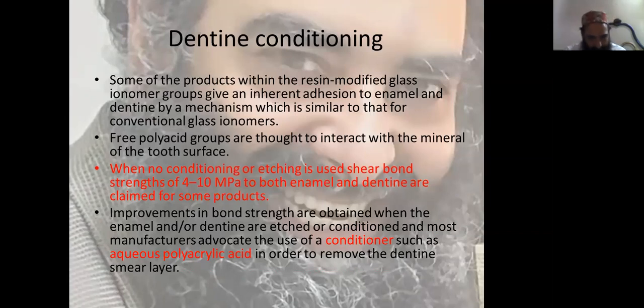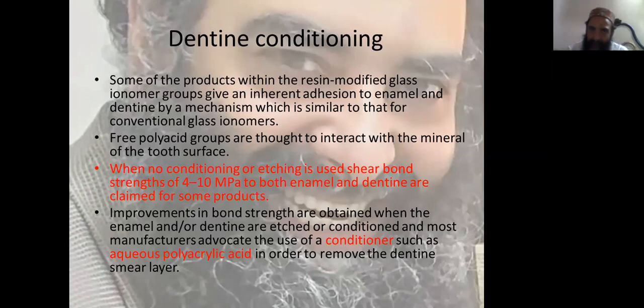Improvements in bond strength are obtained when enamel and/or dentine are etched or conditioned, and most manufacturers advocate the use of conditioners such as aqueous polyacrylic acid in order to remove the dentine smear layer.